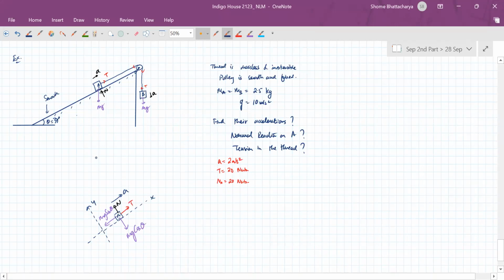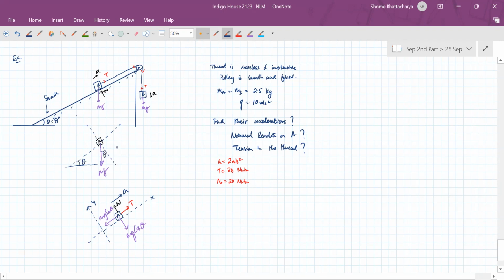Okay, so let's look at the resolution of the weight once more acting on A. So you'll see that on the block A, the weight is a force that is acting vertically downwards. And we are considering our x-axis to be along the inclined plane and our y-axis to be perpendicular to the inclined plane. So with respect to the horizontal direction, this is theta.